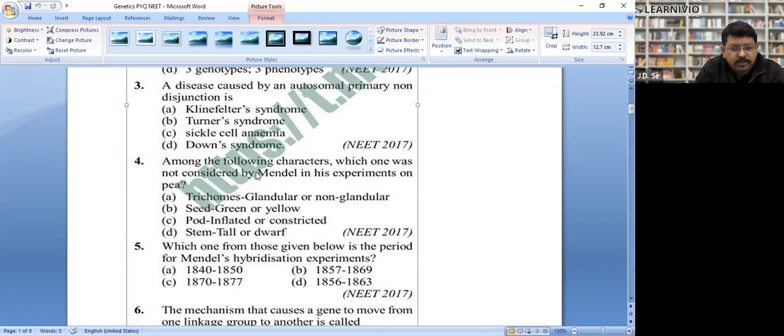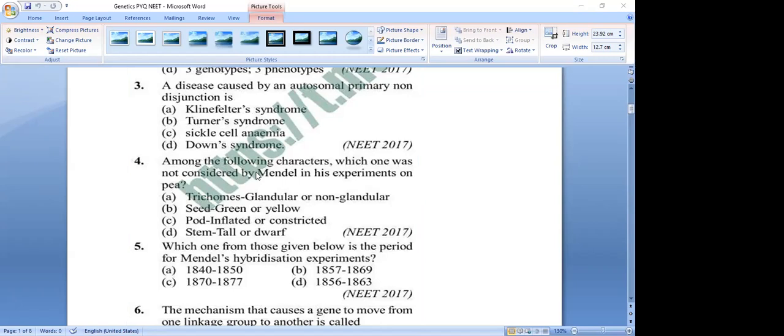It's basically like the pair of homologous chromosomes fail to segregate easily.